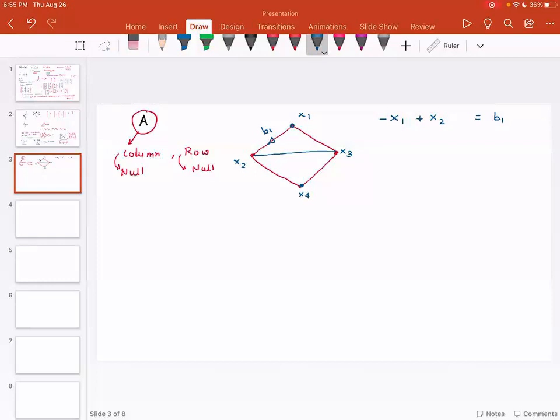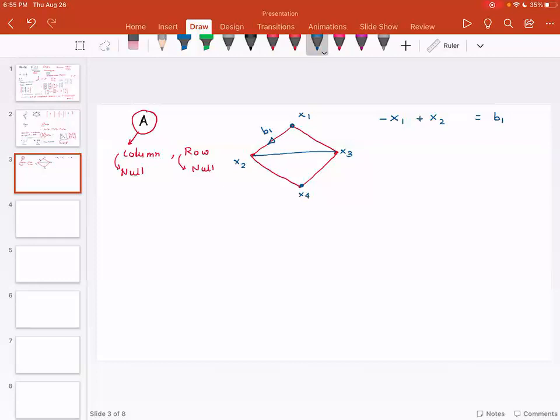So if you look at the matrix, which is just on the right hand side of that network, if you type that matrix into MATLAB and you say rank, you will see that it's rank 3, even though the size of the matrix is 4.